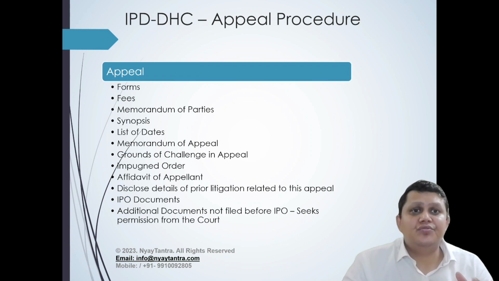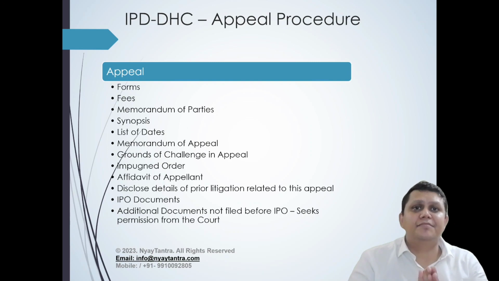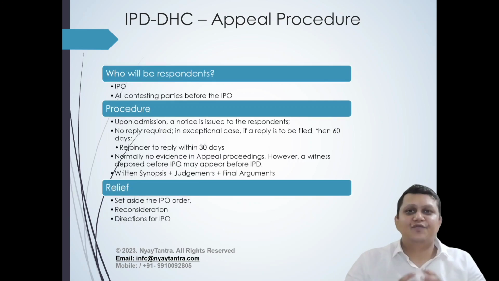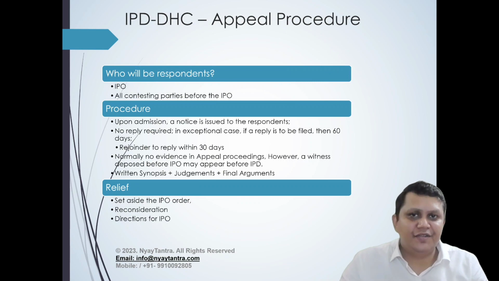But in case you require additional documents, you must seek permission from the court to file them. Once you file all the relevant documents with the registry of the Delhi High Court and there is no objection, your appeal will be registered as per the nomenclature defined in the Intellectual Property Division rules of the Delhi High Court.